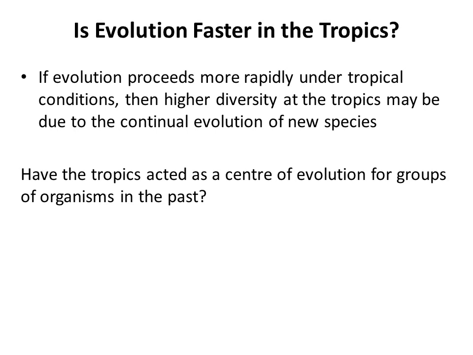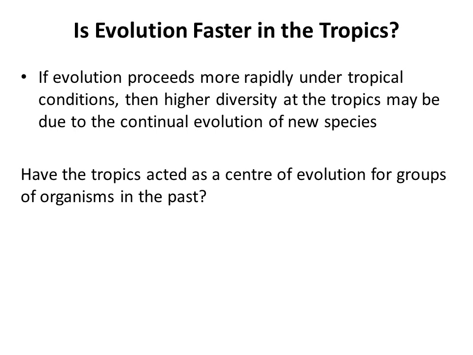Rates of evolution have also been used to explain higher biodiversity in equatorial regions. So there's a question of whether or not evolution actually occurs faster in the tropics than it does in higher latitudes. And if evolution proceeds more rapidly under tropical conditions, then higher diversity at the tropics might just be due to the continual evolution of new species at a faster rate compared to higher latitudes.